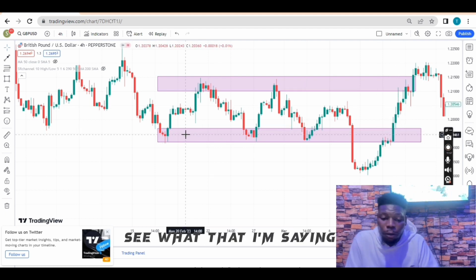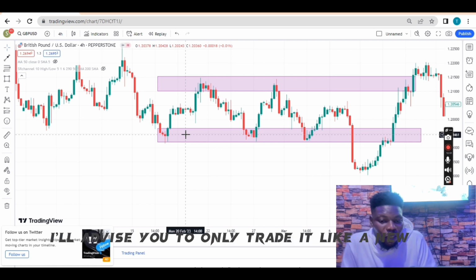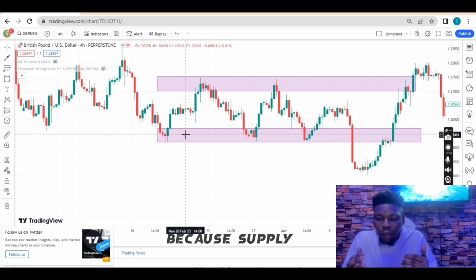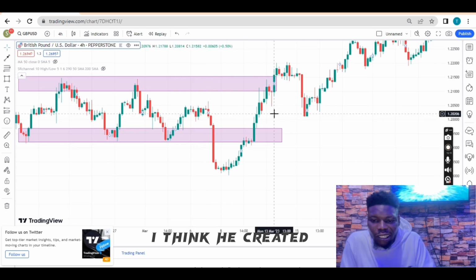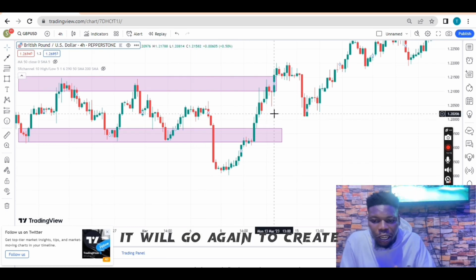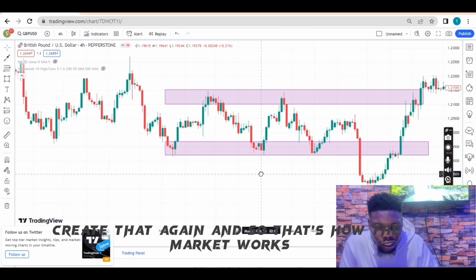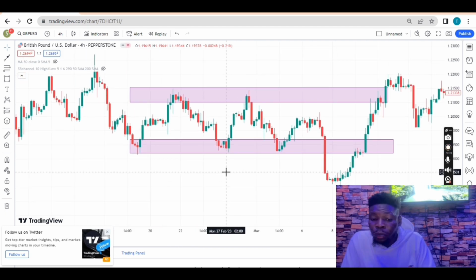See what I'm saying? If you want to trade supply and demand, I advise you to only trade it when it's new. Like now, after this one, the market has left this zone, it will go again to create another supply and demand zone. I've told you how to find that, so create that again. That's how the market works.